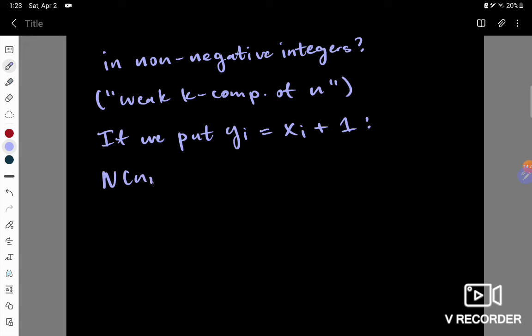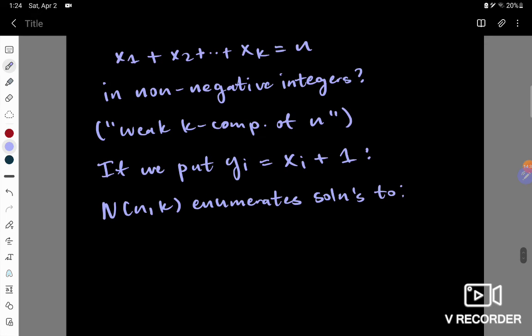Then N(n,k) enumerates solutions to, we're transforming the sum up here, now we have y1 minus 1, y2 minus 1, and then yk minus 1.